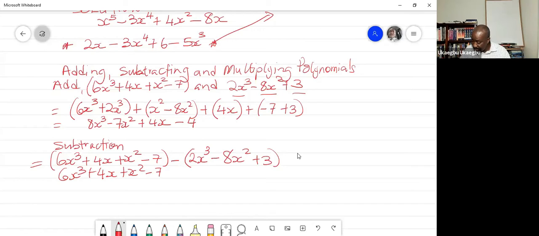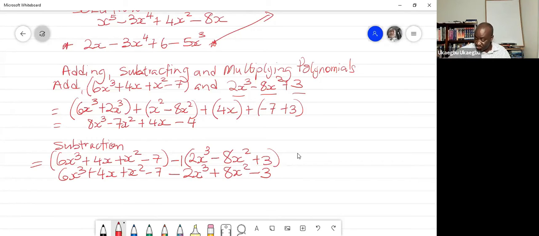Then we say this is 1 here. Negative times 2x gives us negative 2x cubed. Negative times negative is positive, so you write plus 8x squared. Then negative times positive is negative, so you have minus 3. Which is the same as changing every term.